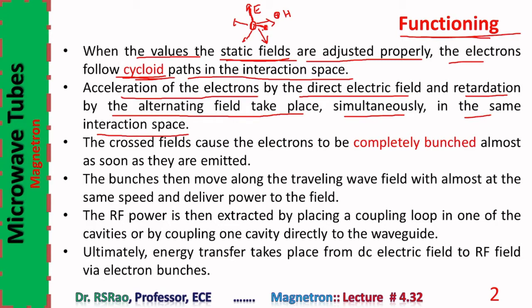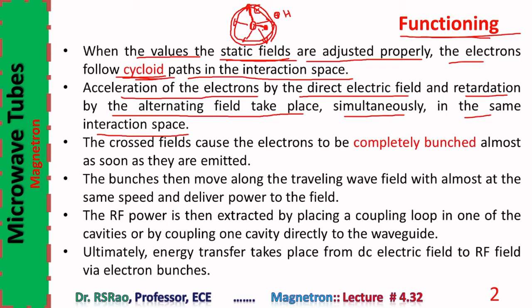These highly energetic electrons then transfer their energy to the rotating electric field, the RF field that exists in the interaction region. Of course, before that, some of the emitted electrons come together forming into bunches. The bunches then deliver energy to the RF field.